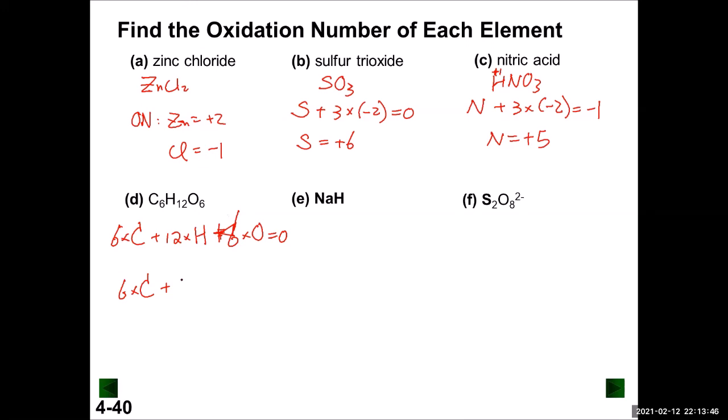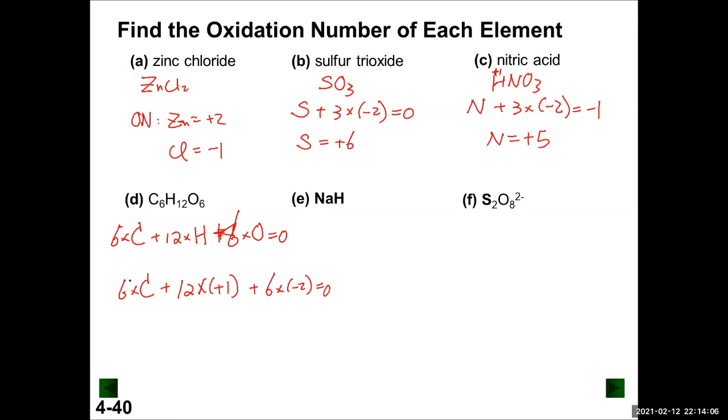The hydrogen in the formula should have +1 ON number. Okay, next, in the previous slide, the rule says oxygen should be -2. So put it down. That added up should equal 0.